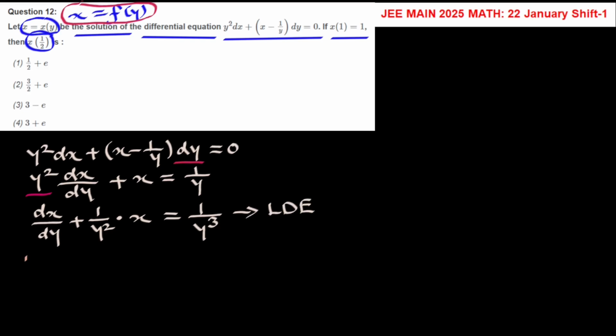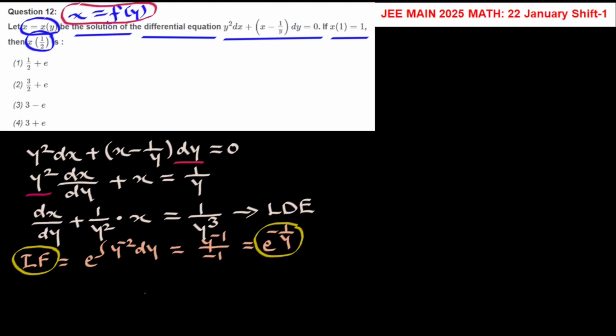So the integrating factor will be e raised to integral of y raised to minus 2 dy, y raised to minus 1 upon minus 1, e raised to minus 1 upon y, the integrating factor. Now the general solution of this differential equation will be x times the integrating factor e raised to minus 1 upon y equals integral of e raised to minus 1 upon y into 1 upon y cube dy plus c.